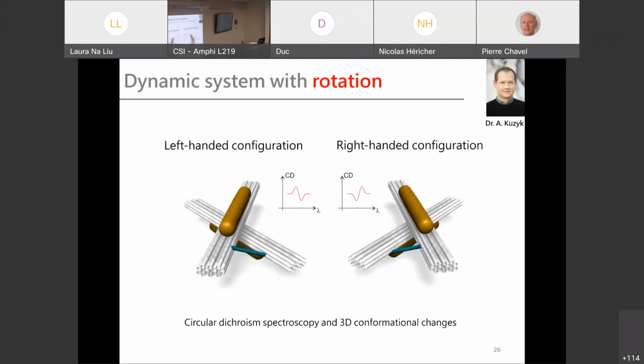The first one we did was the dynamic system with rotation. This was the work performed by my previous postdoc, Anton Kuzyk. What he did was start with the chiral construction. On this slide, you see I have two chiral structures.